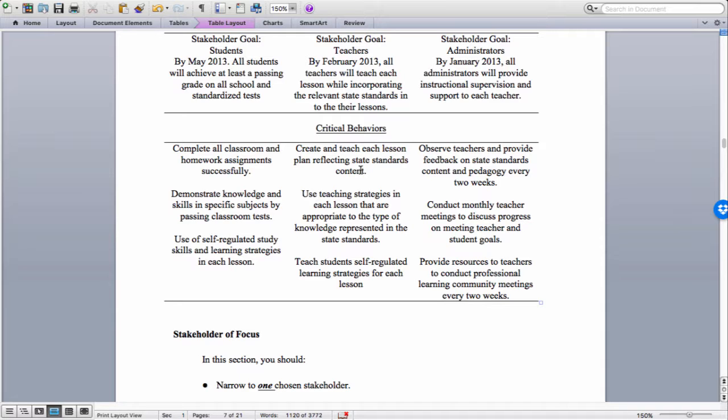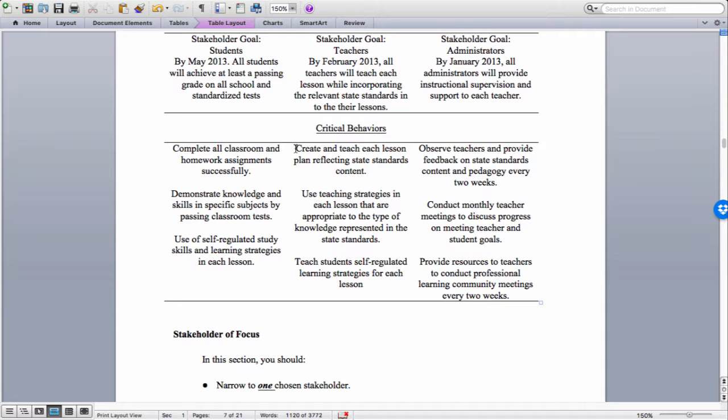So you want to do the same thing for the motivation table. You want to copy for one stakeholder the same critical behavior that's used for knowledge, and copy it and bring it down into the motivation table.